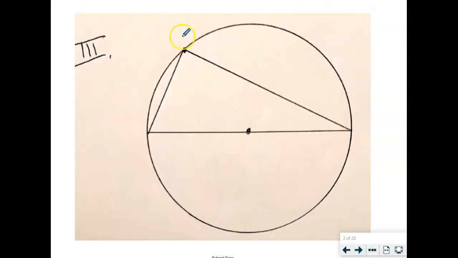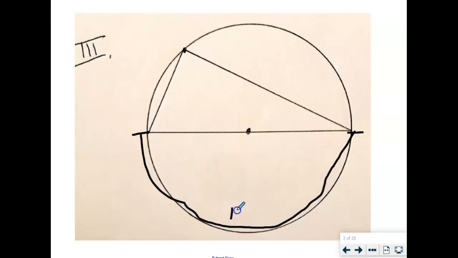Okay, case number 3, we have a diameter. Now, if y'all remember, diameters make up half of a circle. It's going from edge to edge through the center. And if we have 360 degrees in a circle, then from here to here would give us 180 degrees.